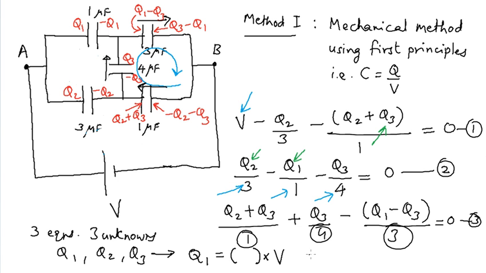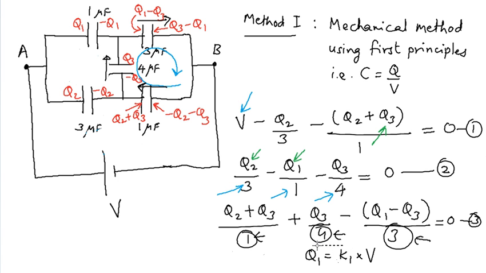So what I'm basically saying is Q1 is going to be K1 microfarads multiplied by V, which is in volts. Remember, K1 is not necessarily 1 microfarad or 4 microfarads or 3 microfarads, but it's definitely a physical quantity whose unit is microfarad. It could be a combination of 1 and 4 and 3 microfarads.